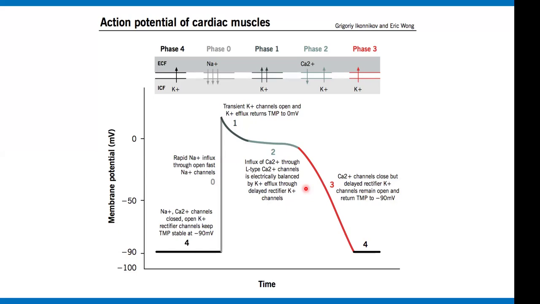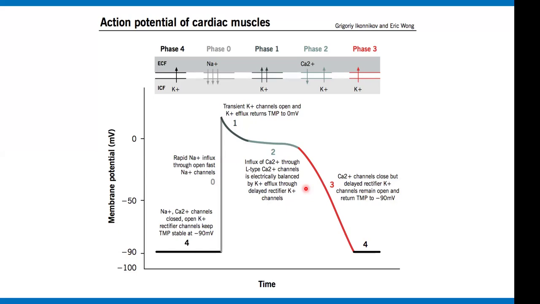So there's a delay, and that gives us an electrically balanced membrane potential, which is the plateau. This is a period where it is refractory. It is resistant to any potential that you might try to induce in the myocyte.